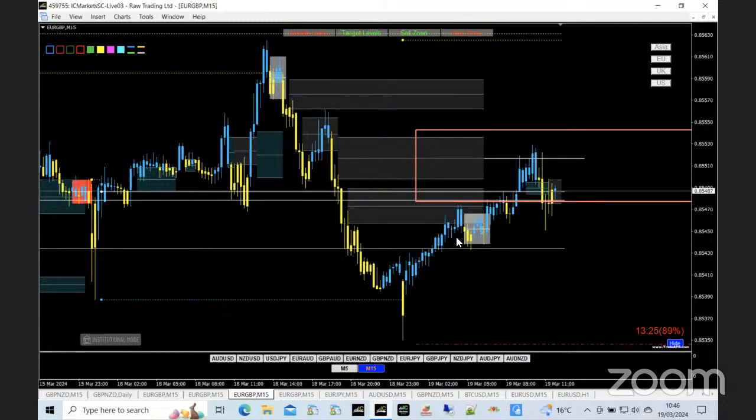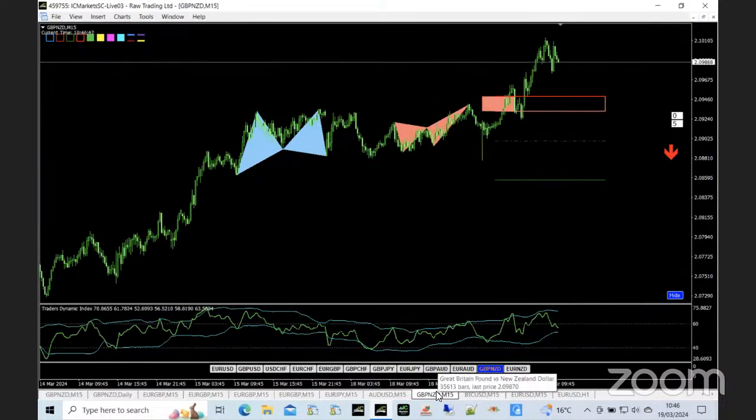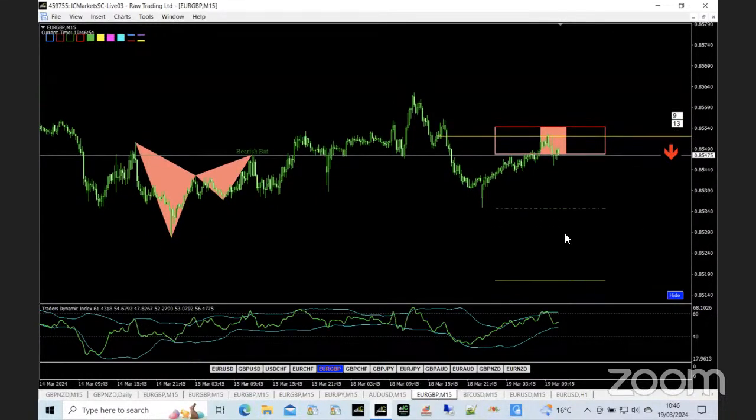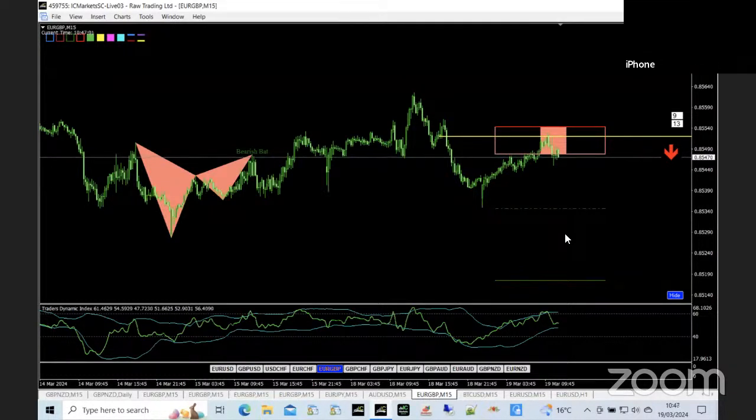What we know is that we will have a strong move. So far it's showing signs that it wants to go down. This is the main thing about the Euro GBP. Let me show it in a different chart as well. This is Euro GBP. There is a good reason why it wants to go down, so I would take this trade. I already am in this trade anyway, so it's just to let you know.